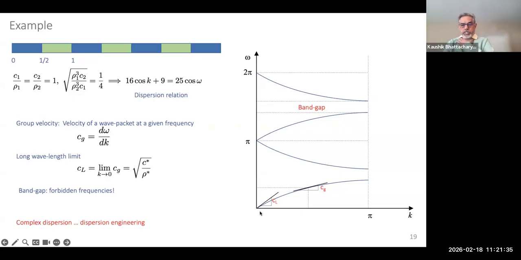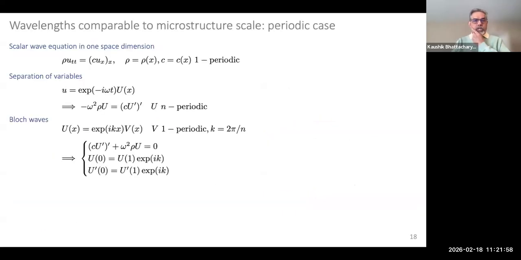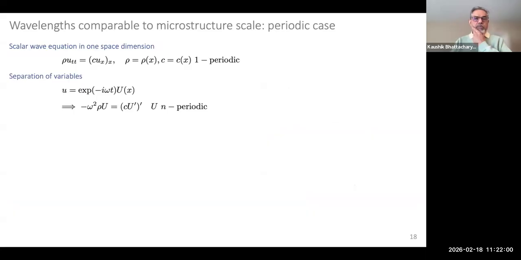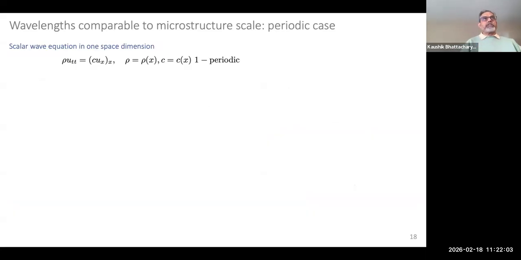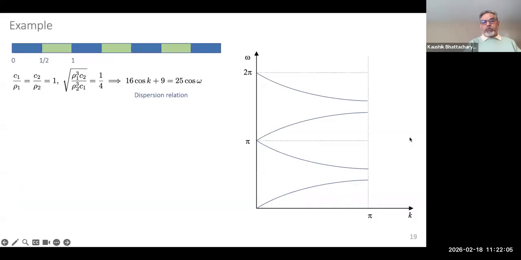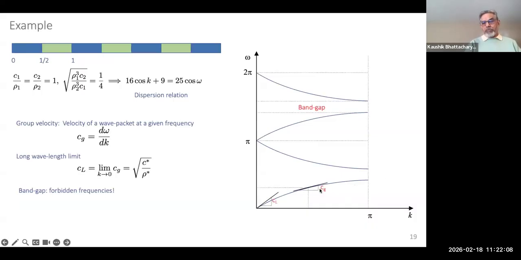In fact, notice that the slope, which tells me how fast waves propagate in this medium, is becoming slower and slower as my wave number becomes larger, which is a way of slowing down waves by creating heterogeneity. So when I have the wave equation, the behavior is not only described by these effective properties, but you have to think about these complex dispersion relations that come about.